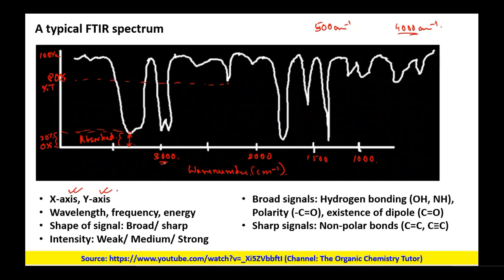We have discussed that below 1500 centimeter inverse, we have the fingerprint region. In this fingerprint region, whatever peaks we get will mostly be compound specific.